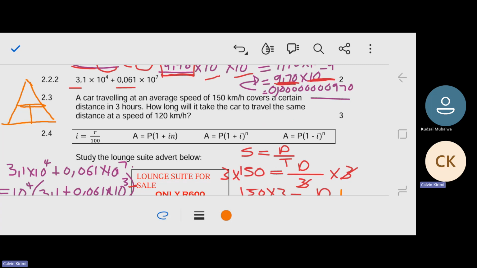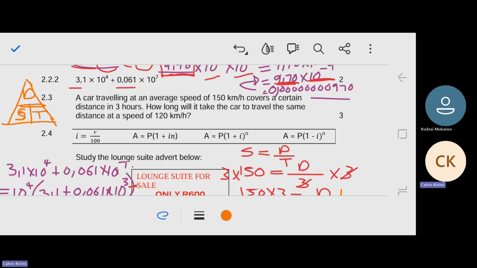Speed is equals to distance over time. If you want distance, it's speed times time. If you want time, it's distance over speed. Yes.